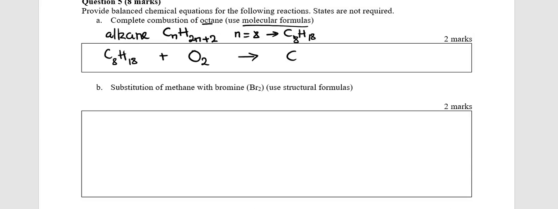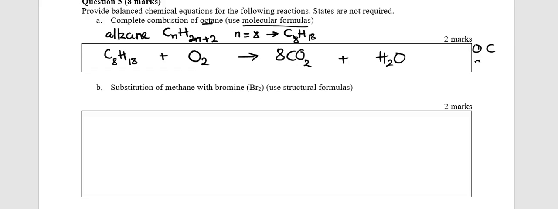And we're back. So produce CO2 and H2O. Now, when you balance combustion equations, the way that I tend to do it is I always start with balancing the C. So you have 8 carbon on the left. I need to put 8 here in front of carbon dioxide so that the carbon is balanced.